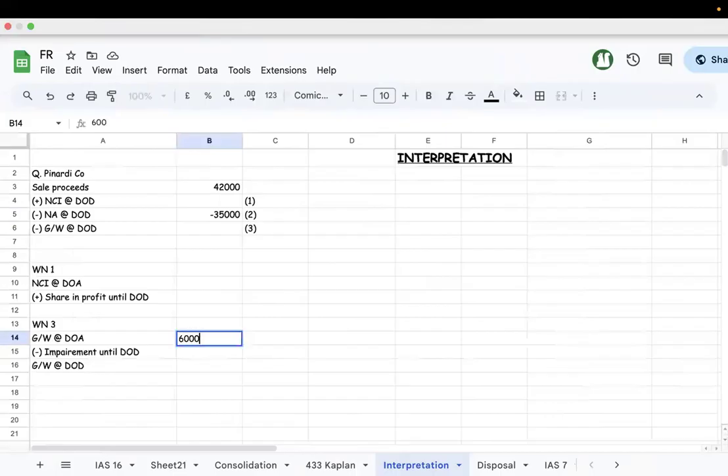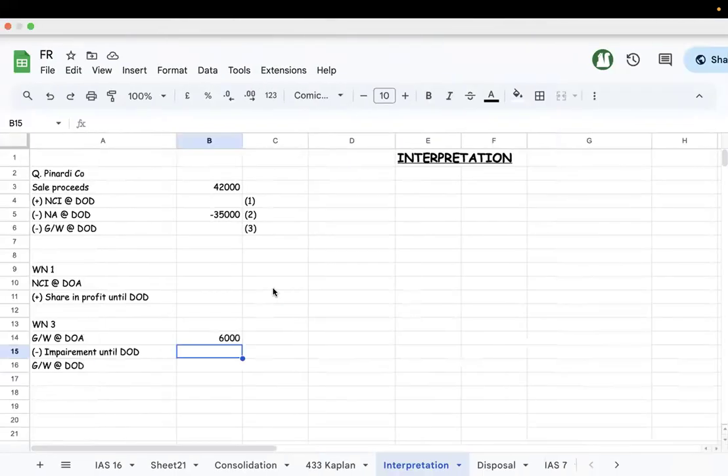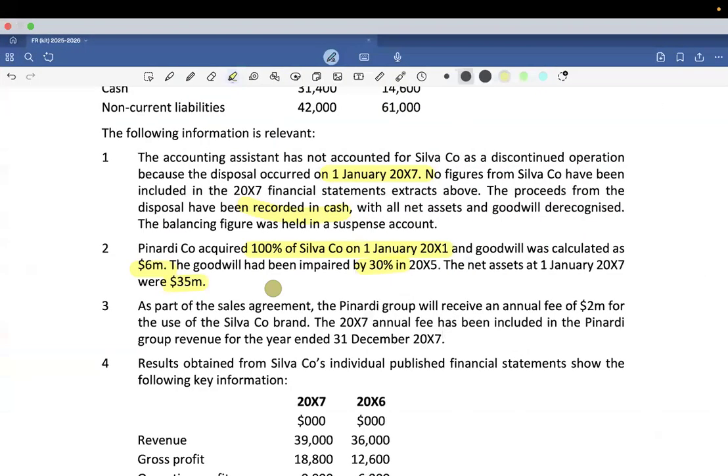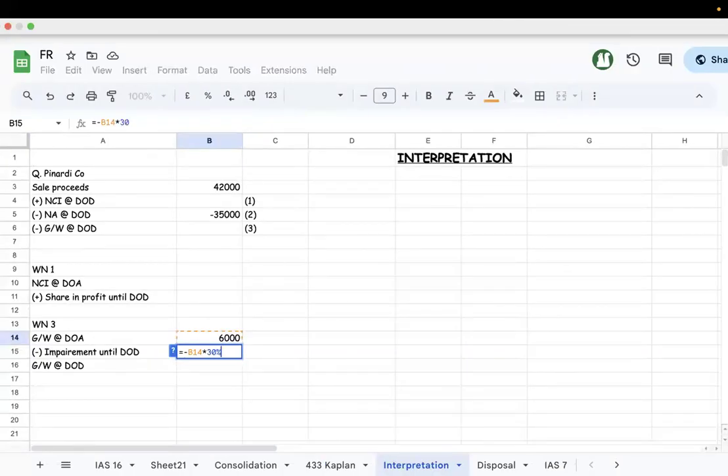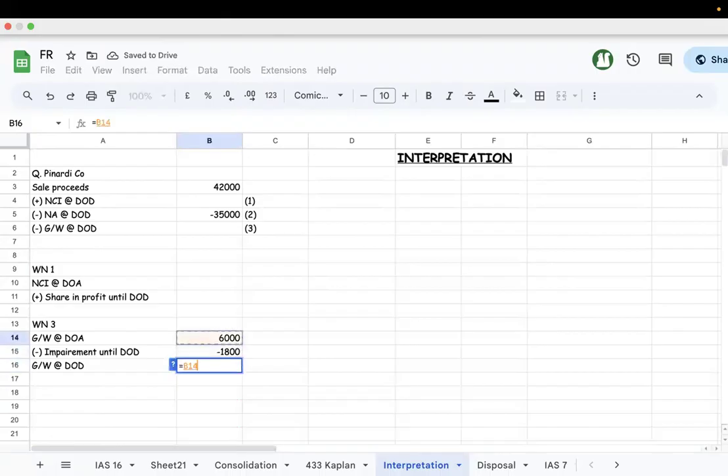To that we are just going to make the impairment. That is equal to minus of 6,000 into how much percentage was it? 30 percentage. So together it is going to be 4,200. So this is equal to minus of this one.